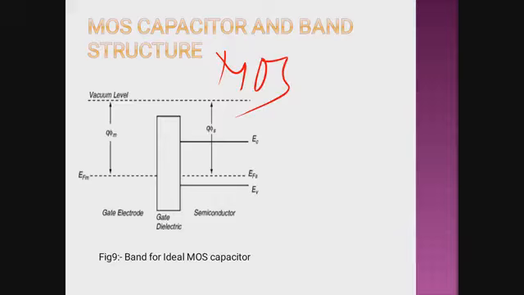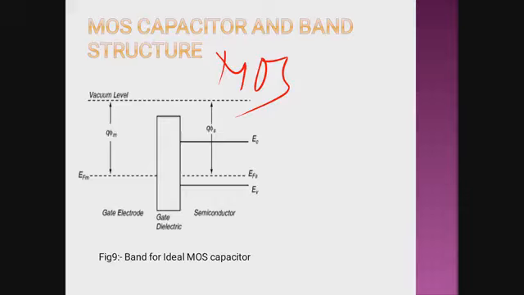This is an ideal case when the metal work function and the semiconductor work function are equal, phi m is equal to phi s. Here the external potential V is equal to 0. So in that condition the Fermi level of the metal and the Fermi level of the semiconductor both lie on the same line.